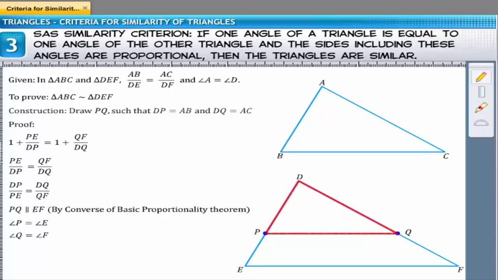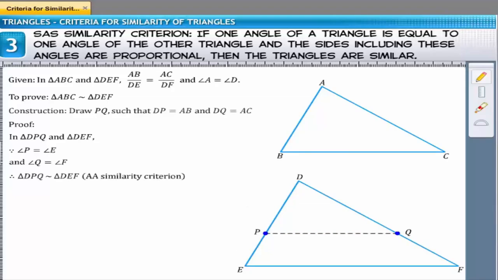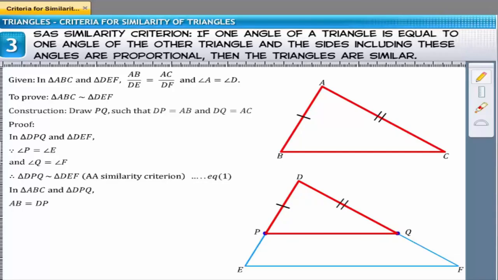Now consider triangle DPQ and triangle DEF. Since angle P is equal to angle E, and angle Q is equal to angle F, triangles DPQ and DEF are similar. Let's call this equation 1. In triangle ABC and DPQ, AB is equal to DP and AC is equal to DQ by construction.